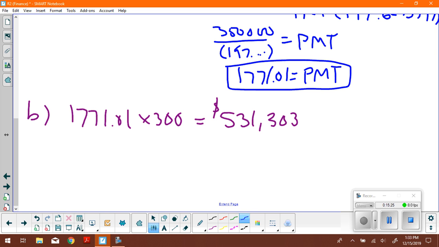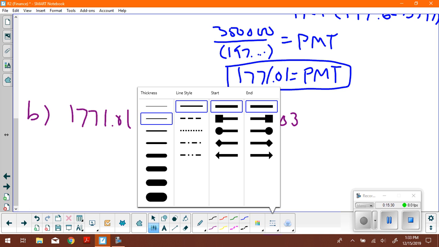So the difference between that and the original value would be our interest cost.